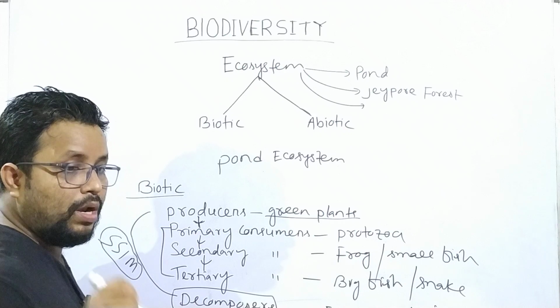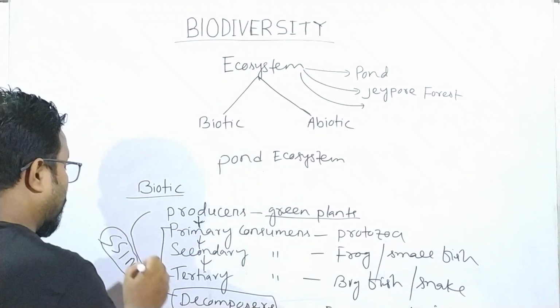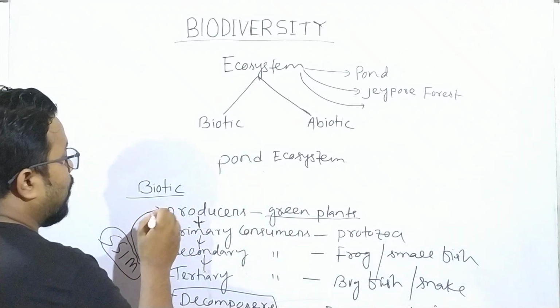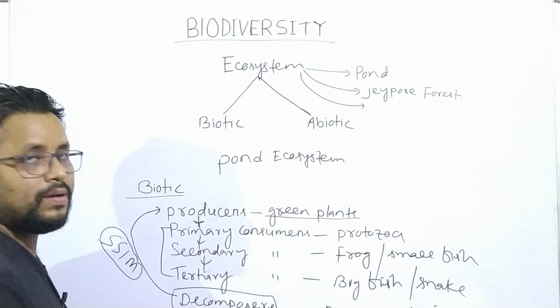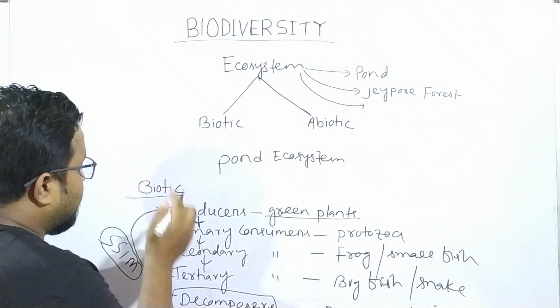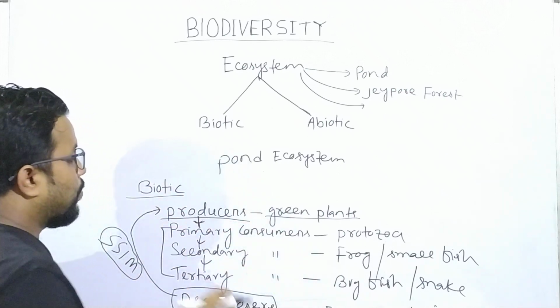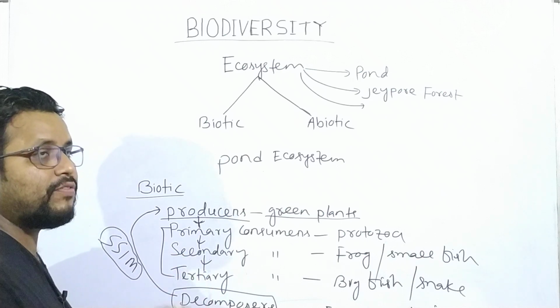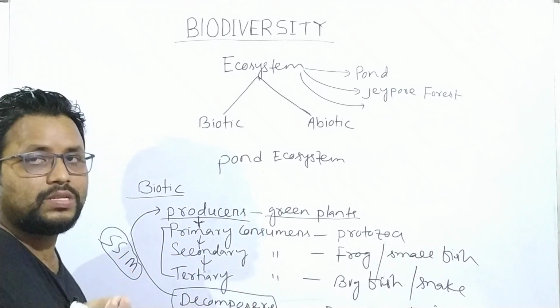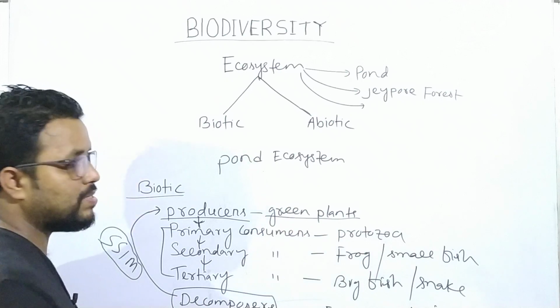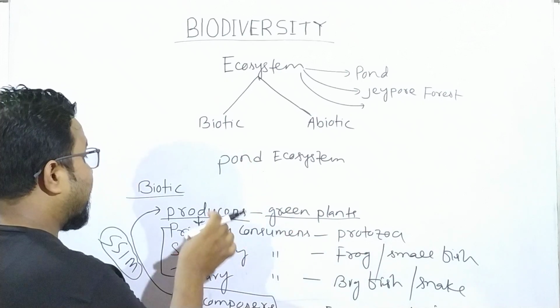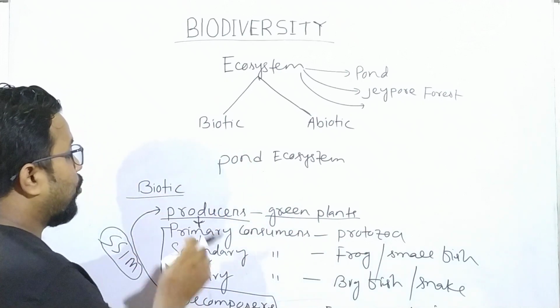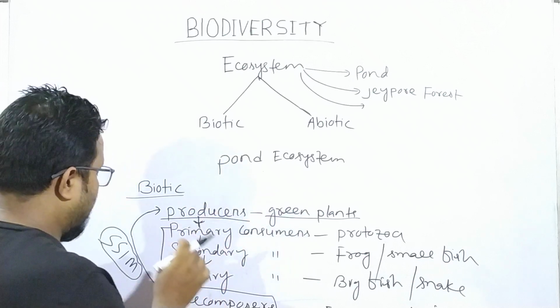Simple soluble inorganic molecules are taken by what? Producers. They are called producers because they can produce their food themselves with the help of photosynthesis. Example, green plants. Green plants are called producers because they can make their own food by photosynthesis.